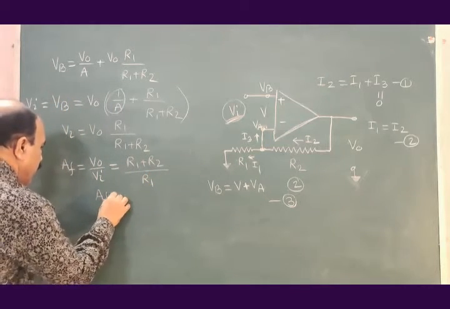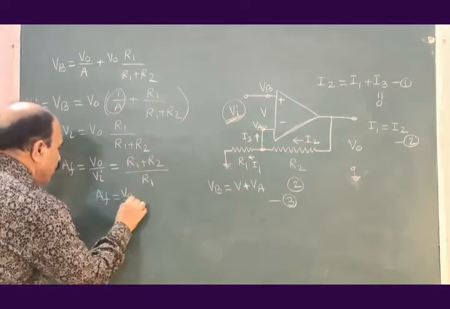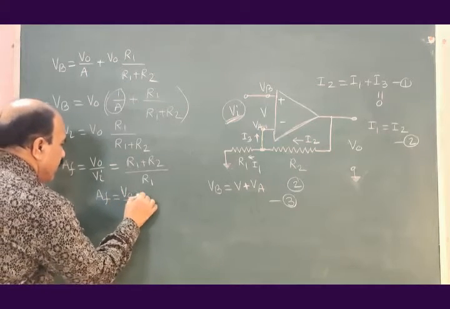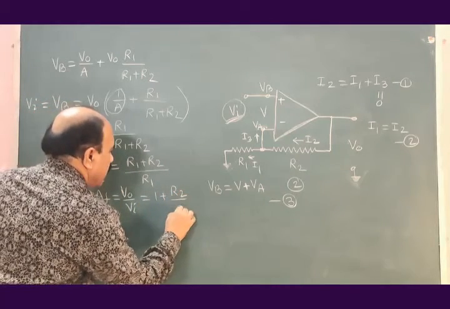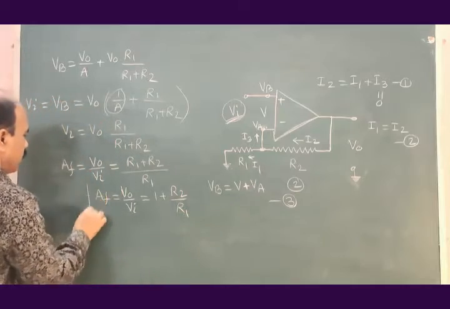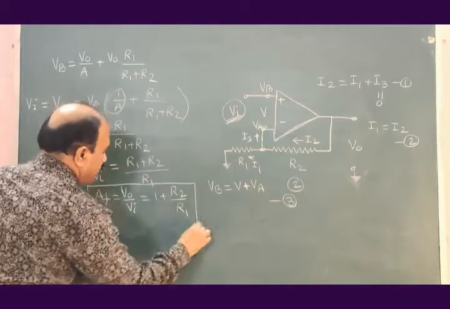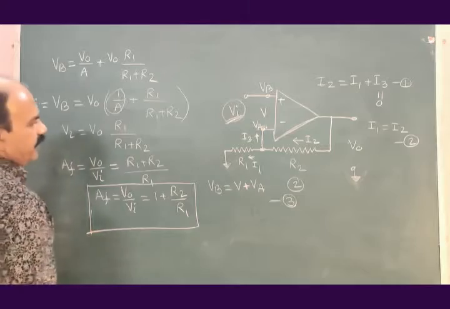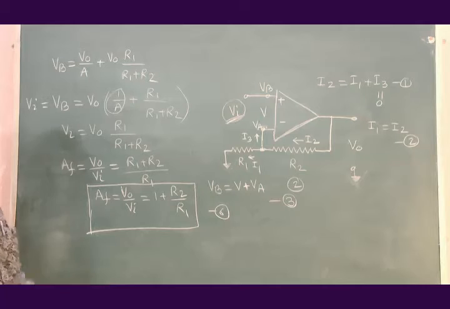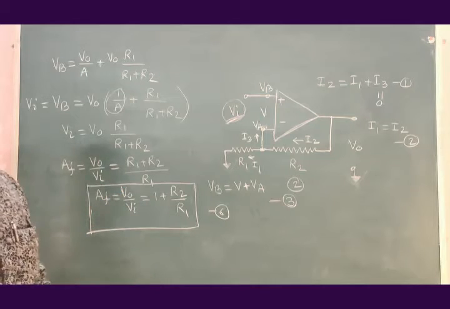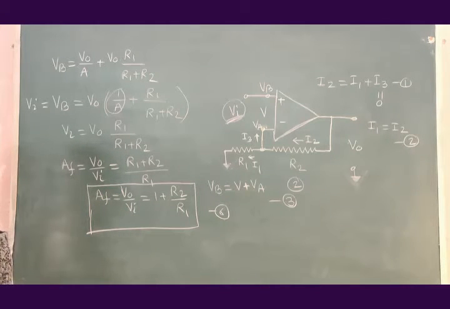Or further, AF is equal to Vo by Vi is equal to 1 plus R2 by R1. Equation number, I think, 6. So equation 6 gives the expression for voltage gain of operational amplifier when used in non-inverting mode.